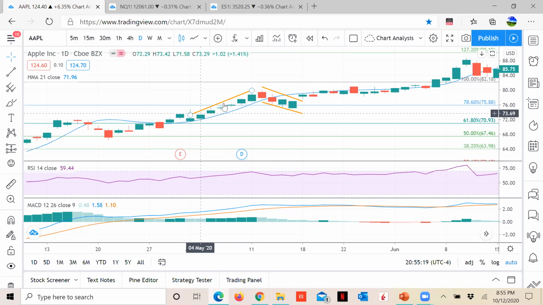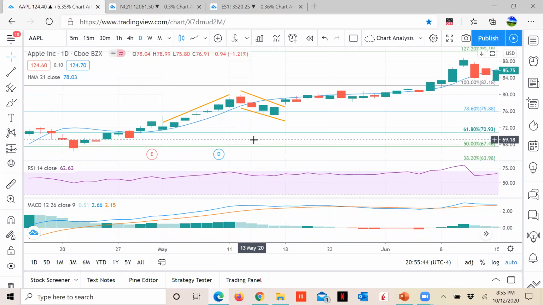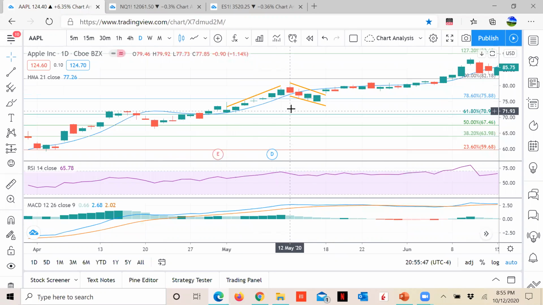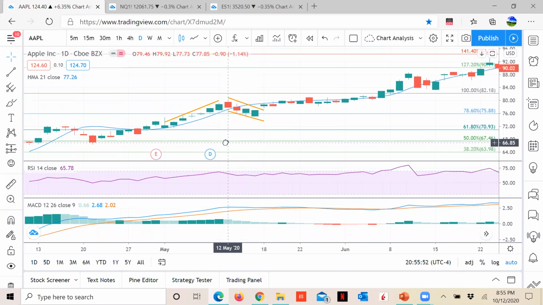So the flag is the consolidation channel, the volume, the breakout through the trend line, through the consolidation channel, and the price follows this breakout trend line. But some traders just make a rough estimate.